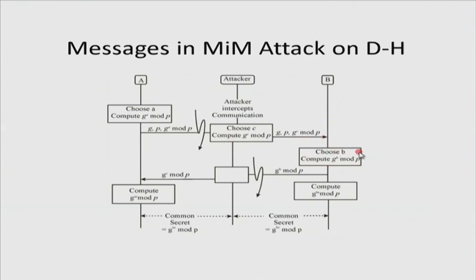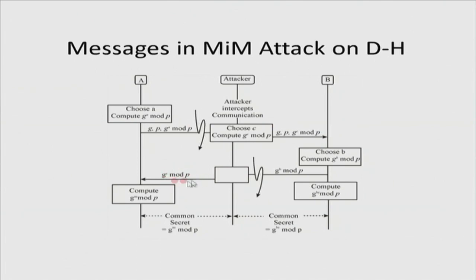He innocently does what A did, chooses a b, computes g raised to b mod p and sends it across. Once again, the attacker is in action. He intercepts that g raised to b mod p and replaces it with g raised to c mod p. So what happens is, she thinks that the g raised to c mod p came from B, but actually what B intended to send was g raised to b mod p, and that was modified by the attacker and replaced by g raised to c mod p.